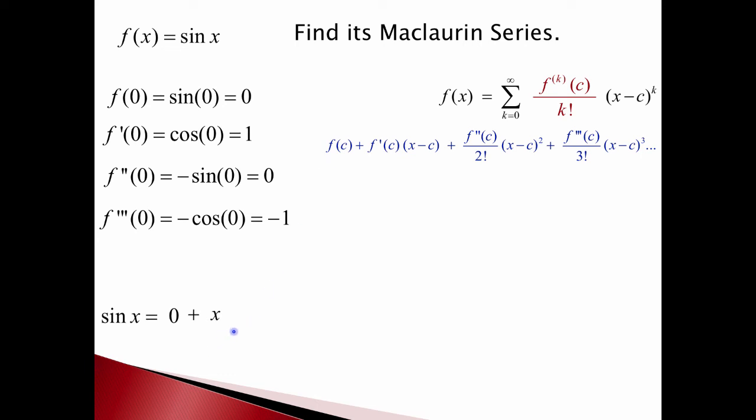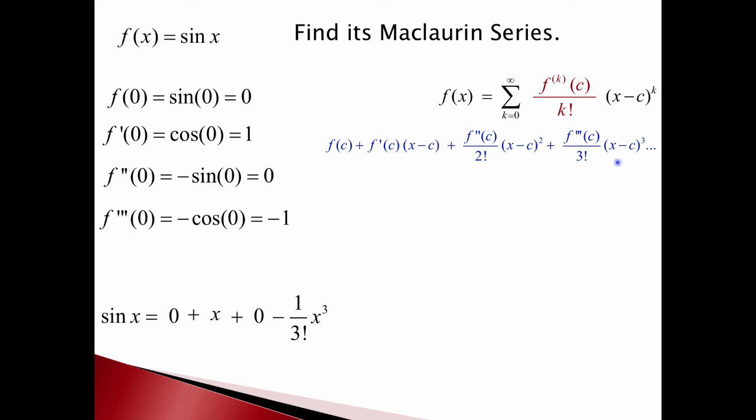The x squared term, the next one, is going to be 0 because the second derivative is 0, right? Third derivative is negative 1, so I'll have minus 1, then I'm dividing by, of course, 3 factorial. The third derivative with 0 plugged in, divided by 3 factorial, times x cubed.